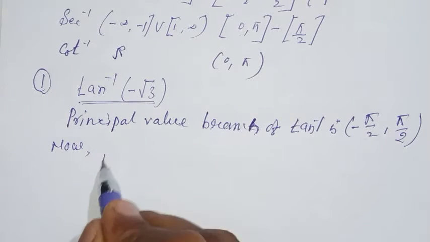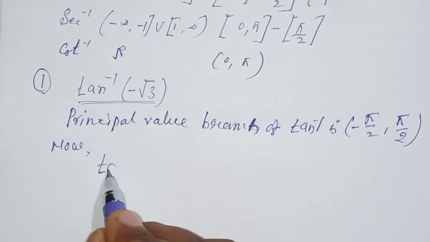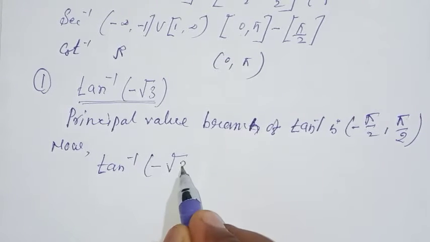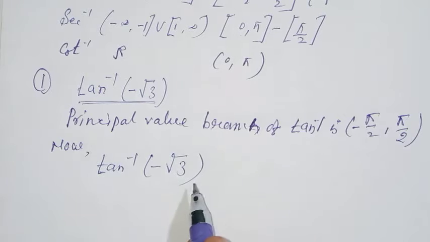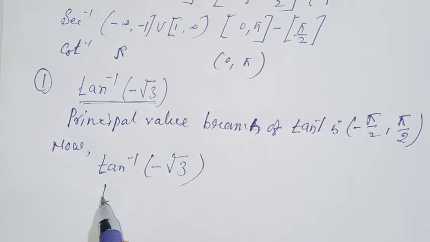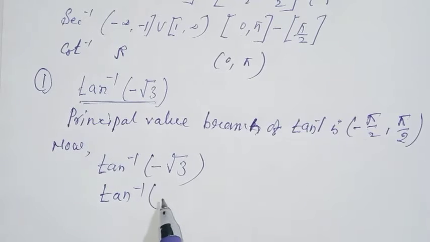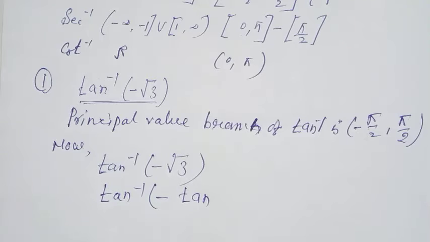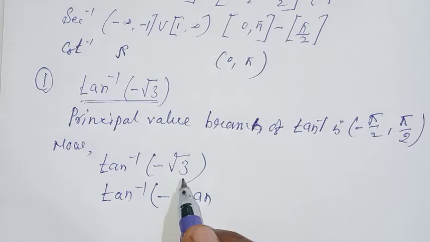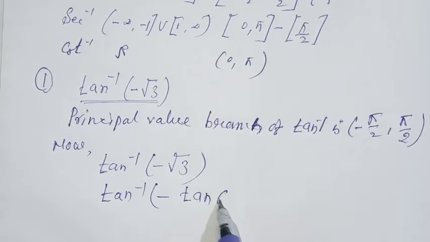Now tan inverse minus root 3. So what is the value of root 3? Basically we write minus tan 60, that is 60 degrees.